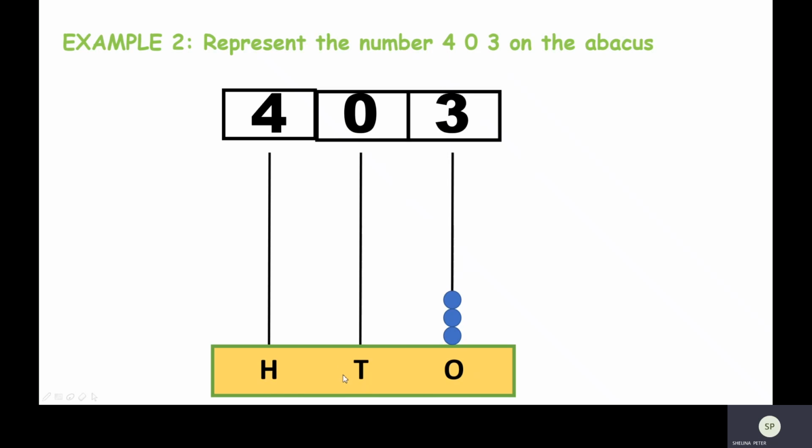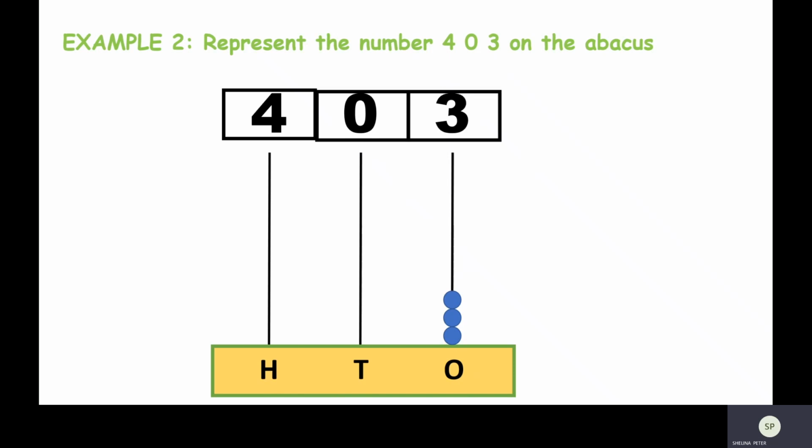Now let us go to the 10's place. Tell me, how many beads will you use? Yes, we will not use any beads because in 10's place we have 0, which means nothing.